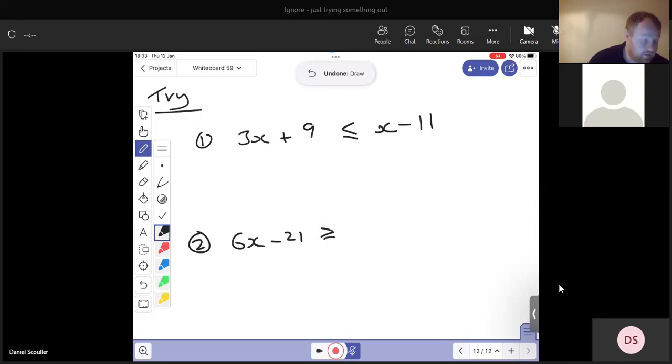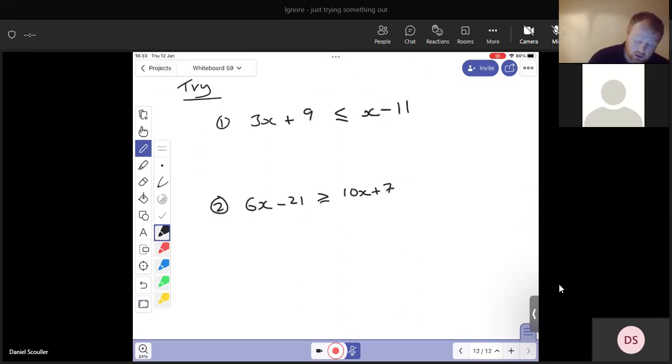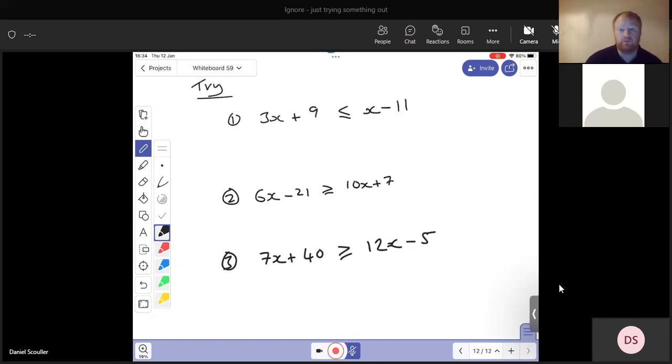Greater than or equal to 10x plus 7. And 3. 7x plus 40 greater than or equal to 12x minus 5. Okay, give them a wee shot.